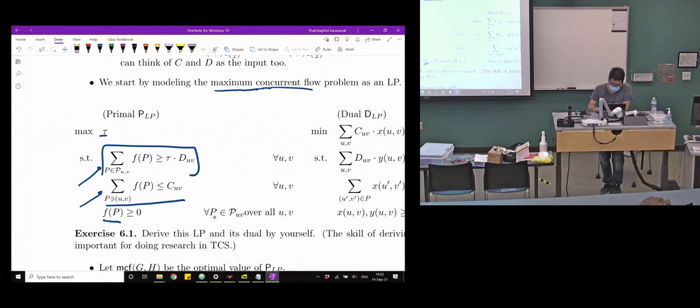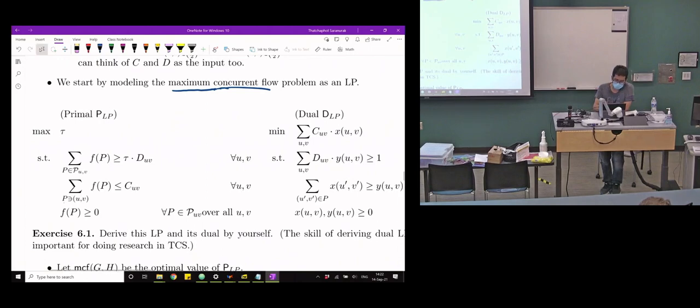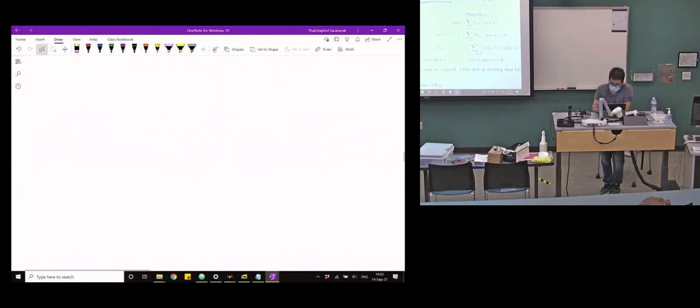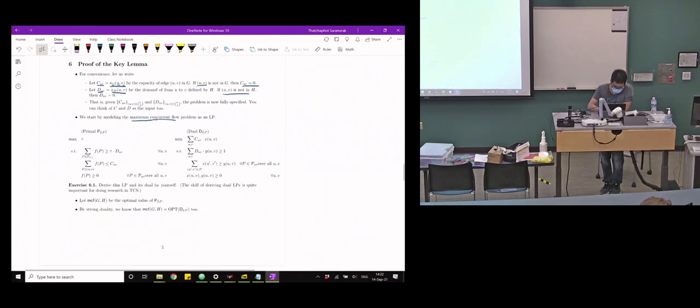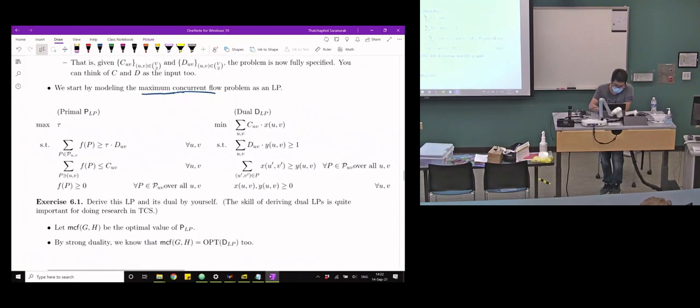But once you have an LP and you want to analyze or understand it algorithmically or structurally, it's always good to write a dual and interpret it. Right? You get just another way to think about the same problem for free.